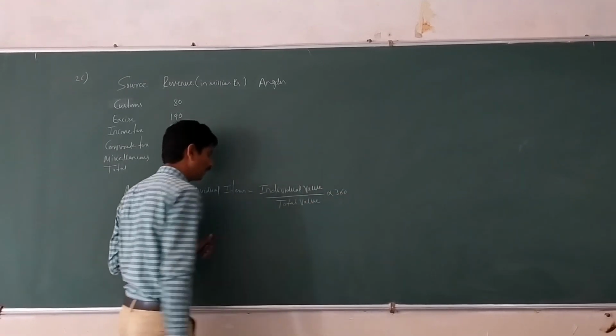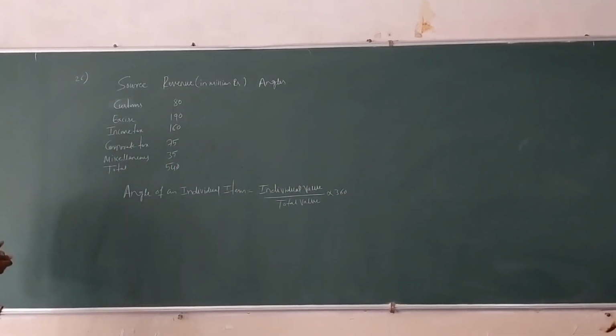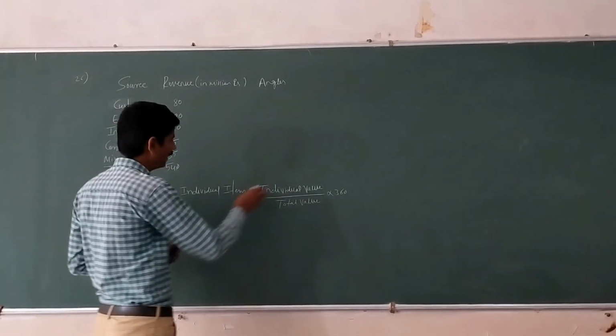The first one is 80, the item value is 80.